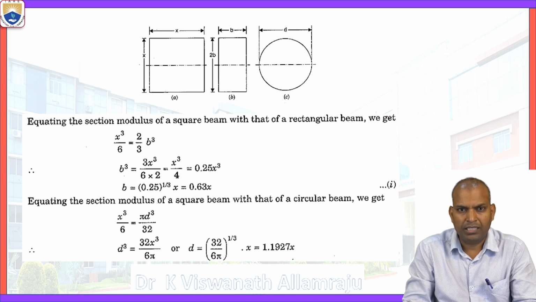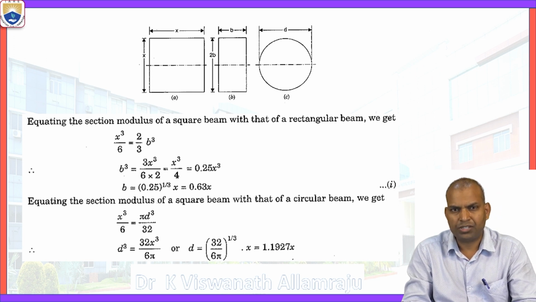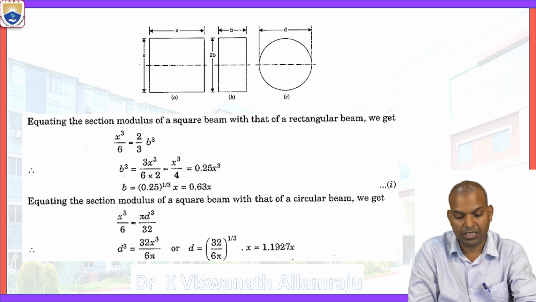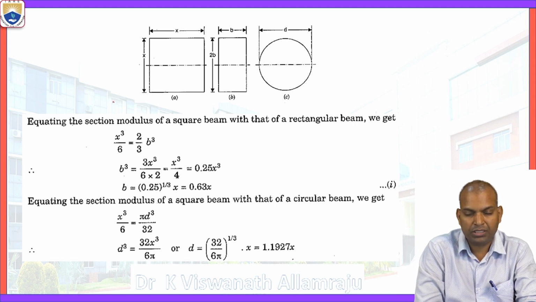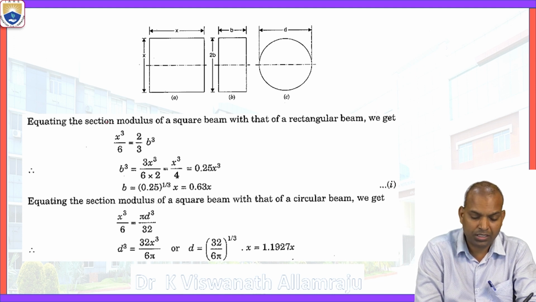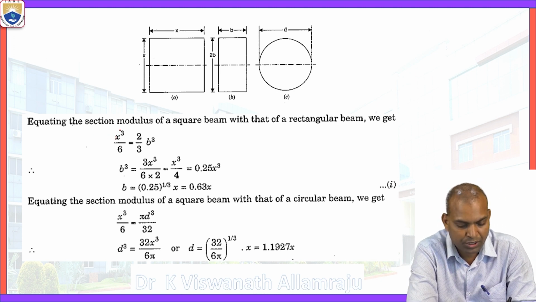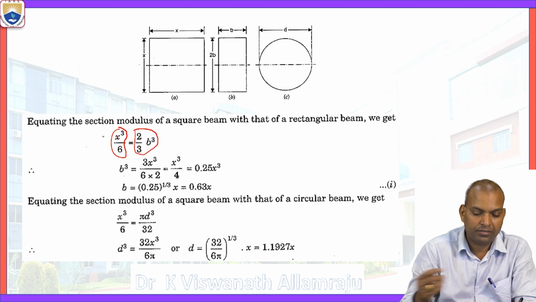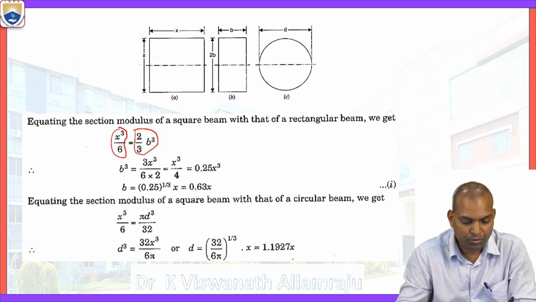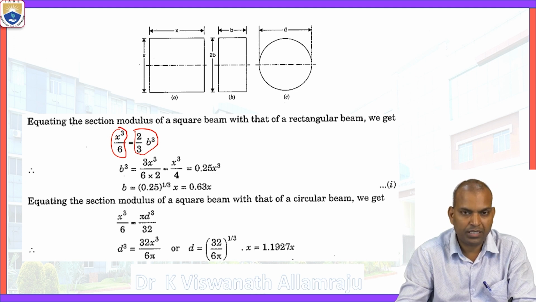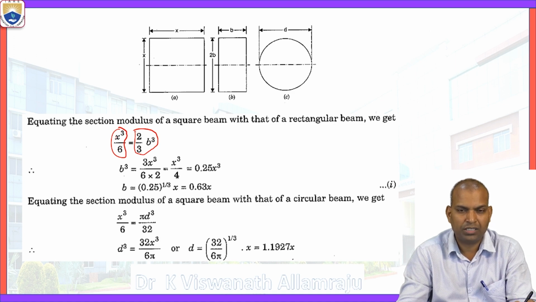Now, we equate the section modulus of the circular section with the square section, and the section modulus of the rectangular section with the square section. Why are we equating with the square section?